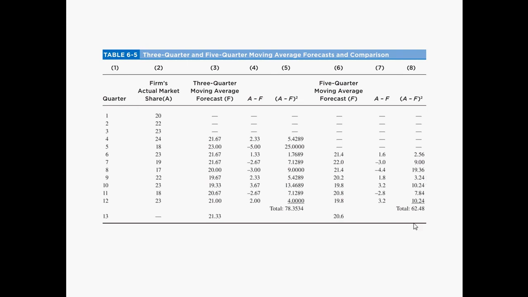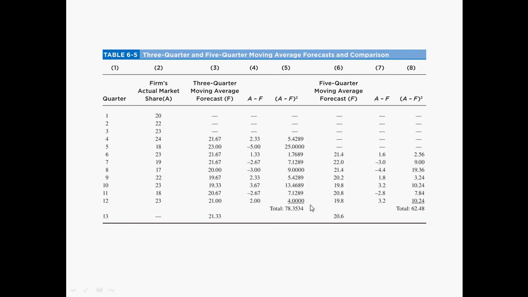So in this case, we say, okay, 3-quarter moving average, 5-quarter moving average, how accurate are your predictions, and how do you compare the predictions from different projections?